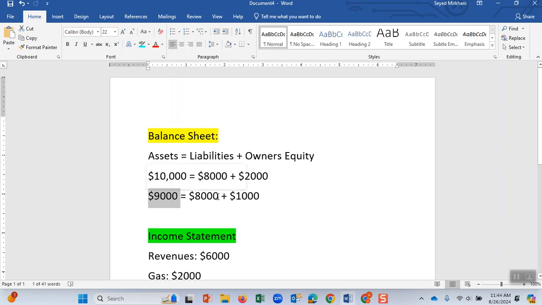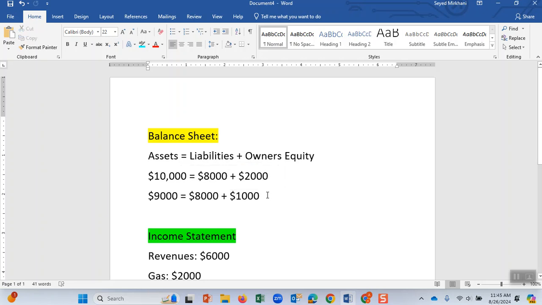He or she still owes $8,000 to the bank, and because there is a damage of $1,000 to the car, his or her $2,000 drops to $1,000. When you look at this, you still see that it is balanced, which means this $9,000 on this side of the equation is the same as what you see on this side. Do you see how it is always balanced?